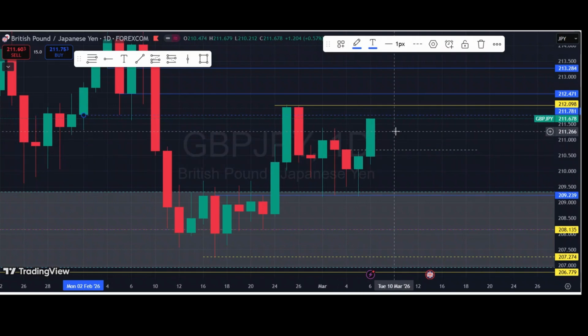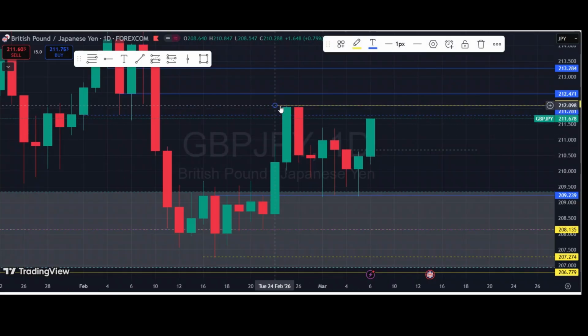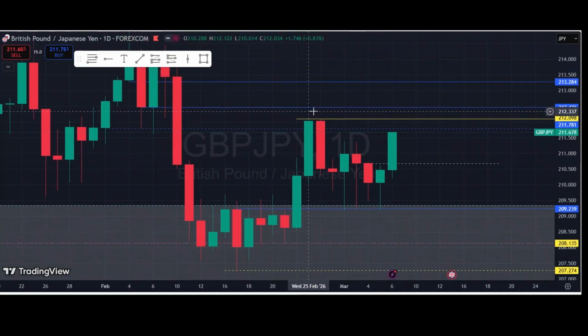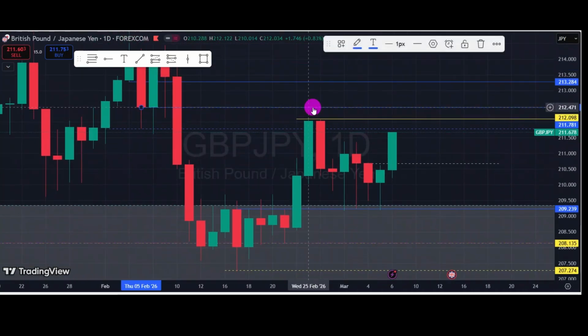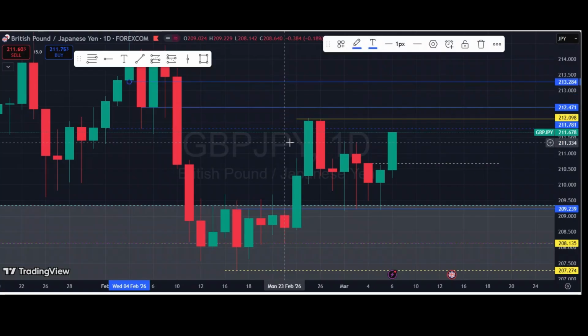But if peradventure price continues to go up, the next draw on liquidity will be 212.09. And then next will be the daily order block residing here at 212.47 before it can reach the 213.30 levels.